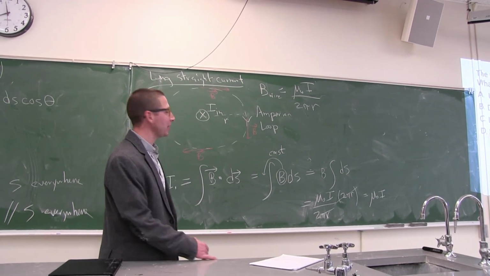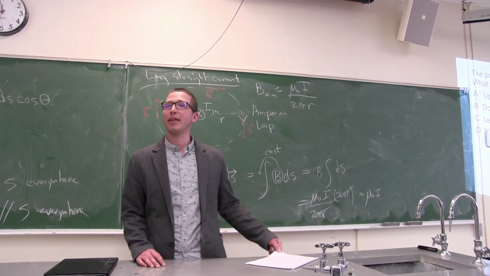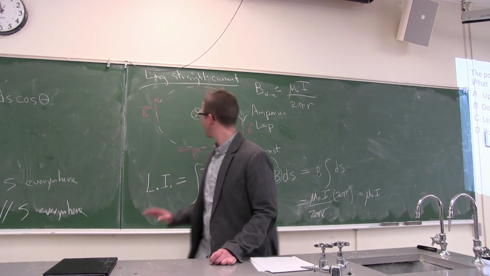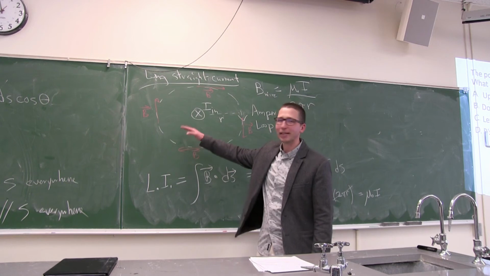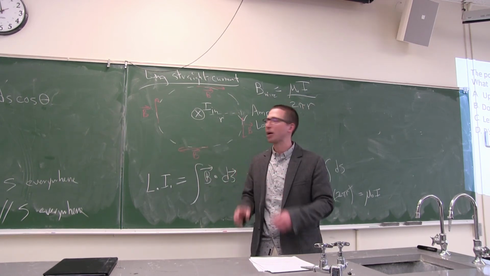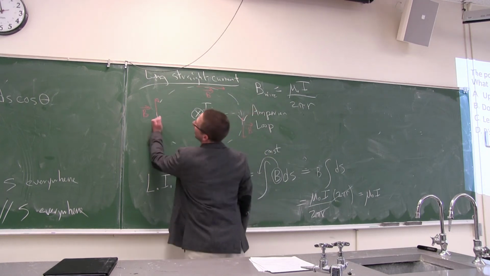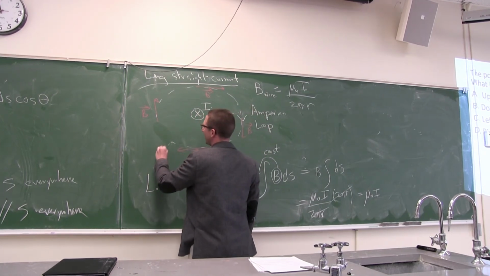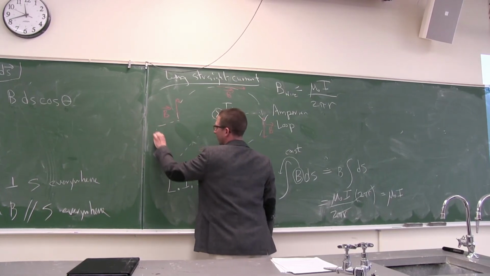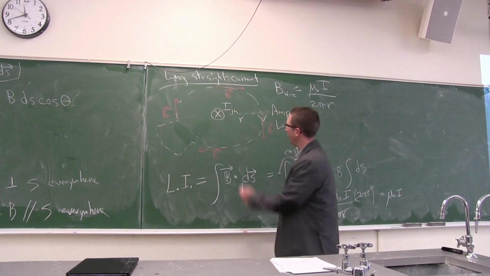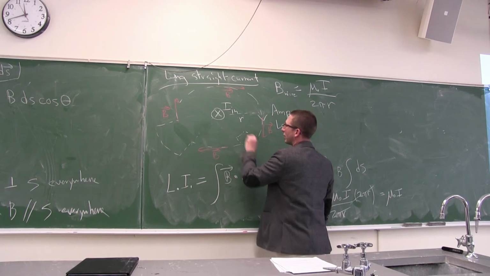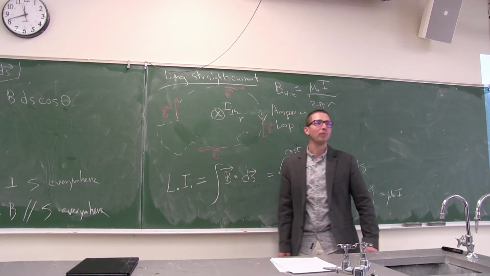All right. Now let's generalize this result a little bit, and then we'll have Ampere's law. So let's imagine that instead of a simple circle like this, I make the Amperian loop a little bit more complicated. I'm going to extend it out a little bit here, and over here, I'm going to bring one of the arc sections in a little bit.